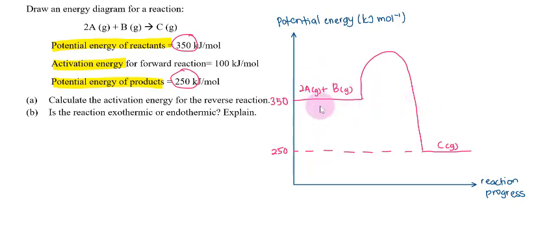Since the enthalpy of reactants is higher than the enthalpy of product, the delta H is always labelled from reactants to product. Since reactants is higher, it will go downward. So the delta H for this reaction is a negative value because it goes downward.